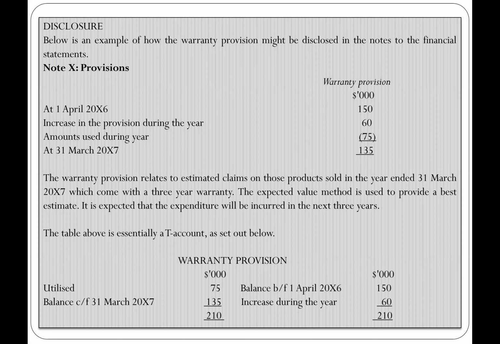Then we explain that the warranty provision relates to the estimated claims on those products sold in the year ended 31 March, which come with a 3-year warranty, and the expected value method is used to provide a best estimate. It is expected that the expenditure will be incurred in the next 3 years.